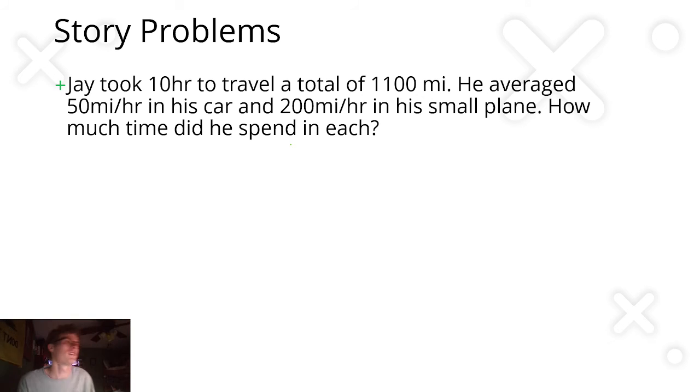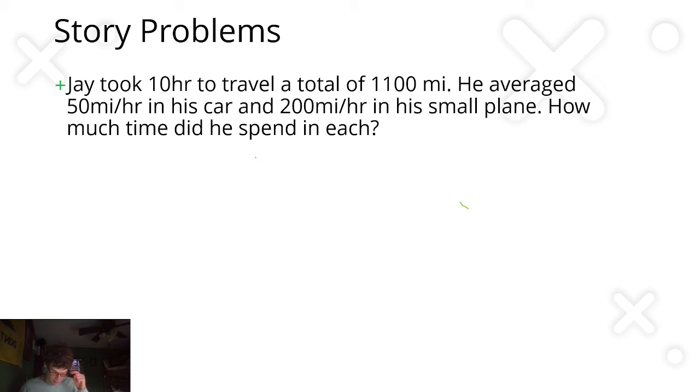Next one. Jay took 10 hours to travel a total of 1,100 miles. He averaged 50 miles per hour in his car and 200 miles per hour in a small plane. How much time did he spend in each? This one is rather unique. It's not one that you are used to seeing, so we are going to go through it real quick.